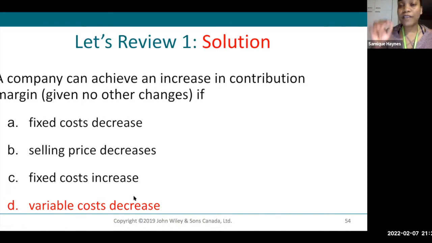If variable costs decrease, remember, contribution margin is sales less variable costs. So if sales is $10 and variable cost is $5, then contribution margin is $5. But as variable cost decreases to $3, then 10 take away 3 will be $7. So that's going to cause your contribution margin to go up if variable cost decreases.